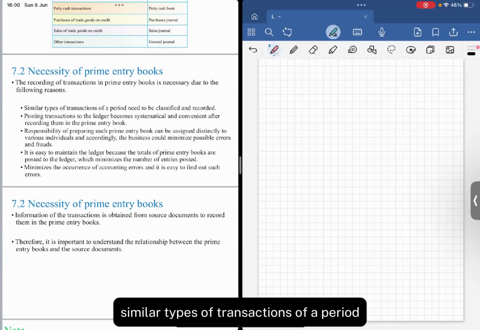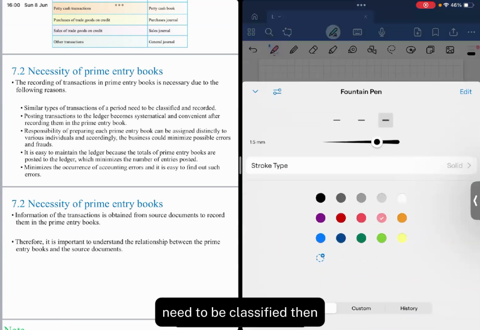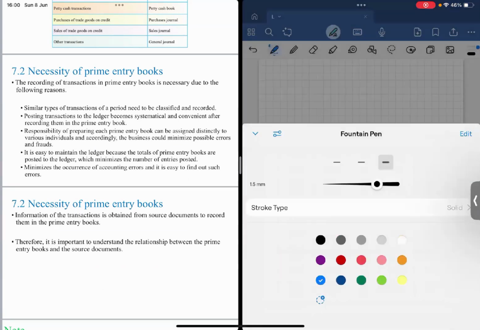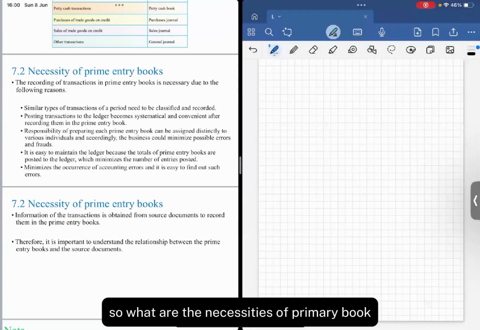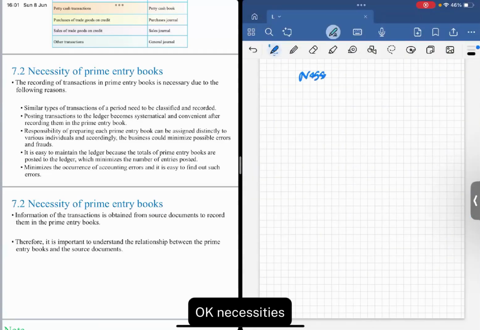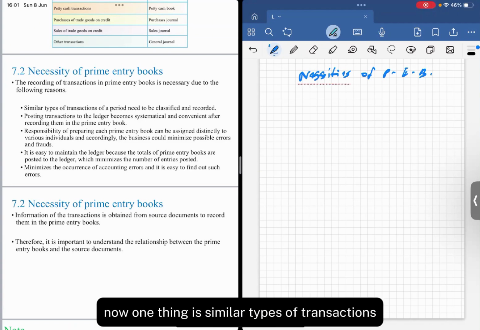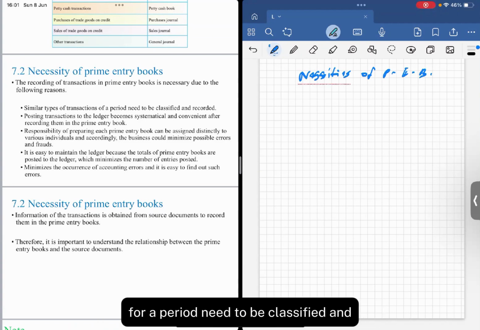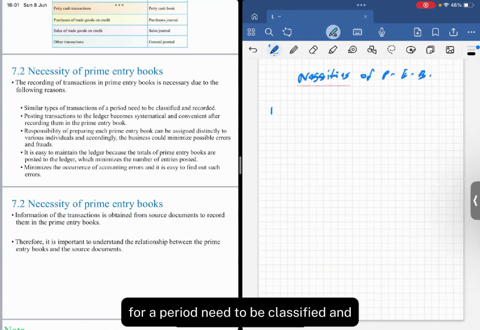Similar types of transactions of a period need to be classified and recorded. So what are the necessities of prime entry books? Now one thing is similar types of transactions for a period need to be classified and recorded.